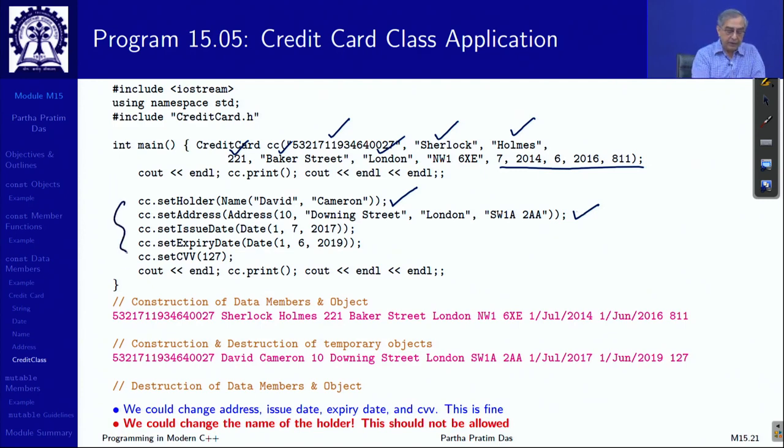I can make all these changes and you can see the effect. So, you can see that the design I have provided does everything, but it makes the class vulnerable, because I was able to change even the name of the holder.